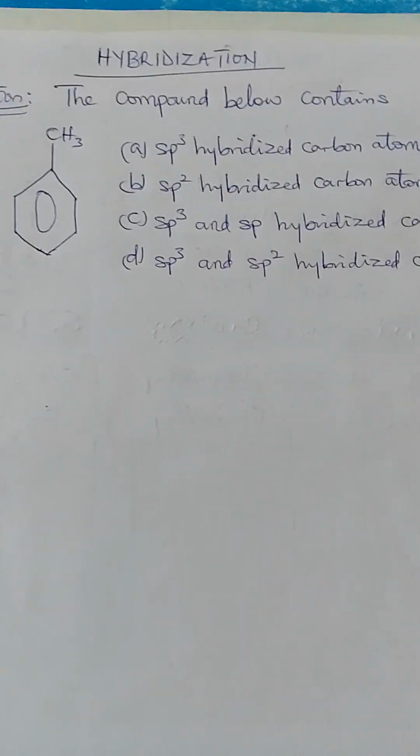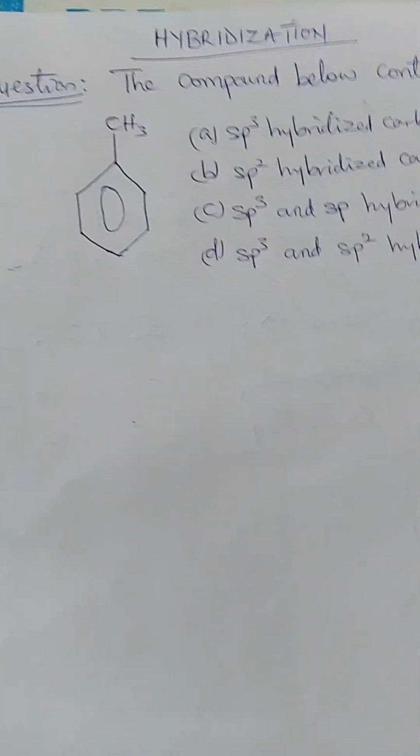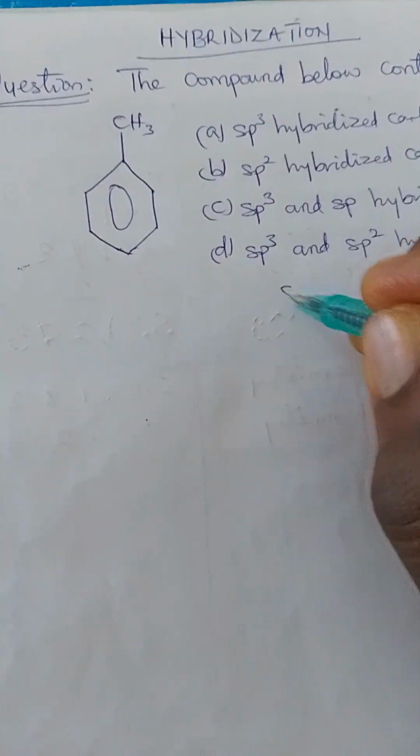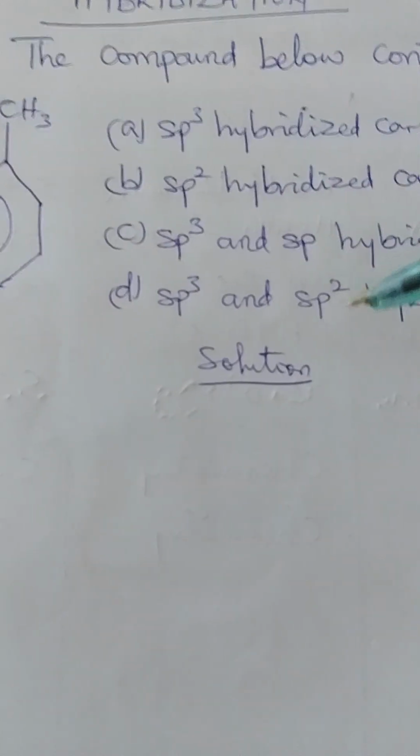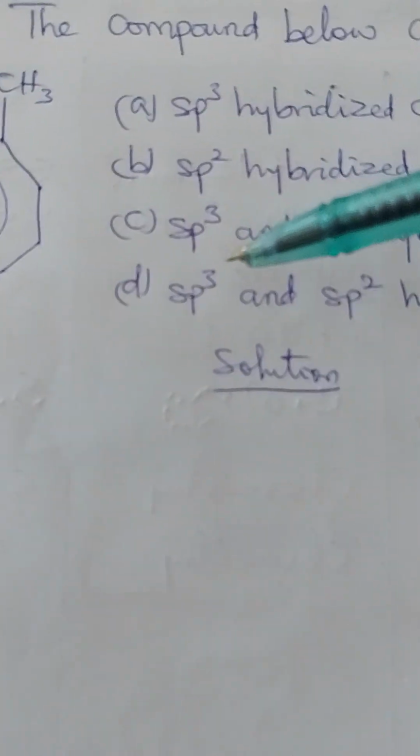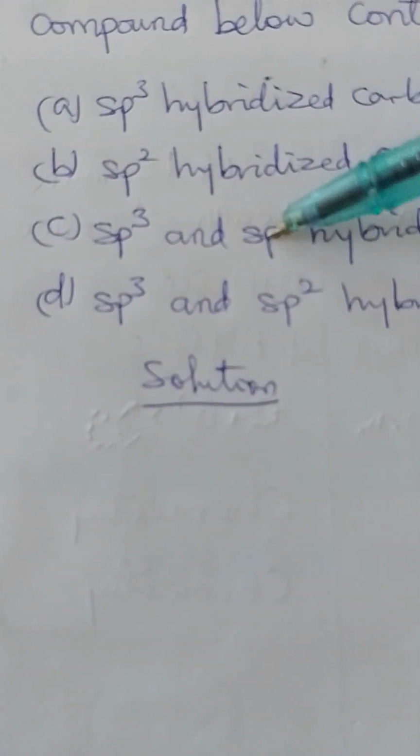Now, before you can answer this kind of question, you must understand what is hybridization. Let me put it this way. From what you have seen from the options here, we have what is called sp2 hybridization, we have sp3 hybridization. There's another one that is not included, sp hybridization.